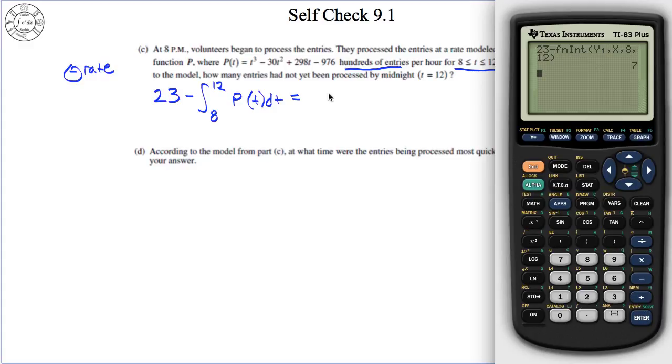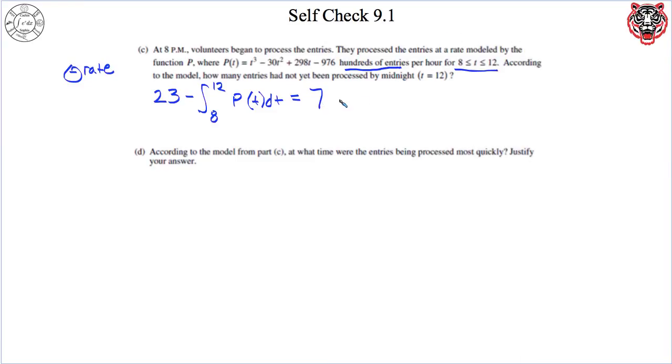Oh, it's exactly equal to 7, so it is equal to 7, and let's not forget our units here. So by midnight, we still have 700 entries. 700 entries left. So they didn't quite finish at midnight.